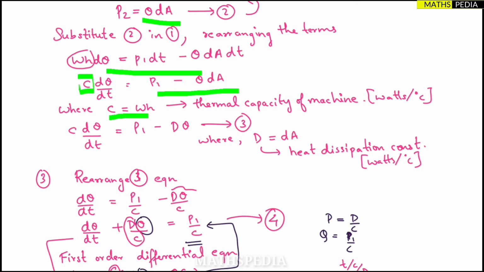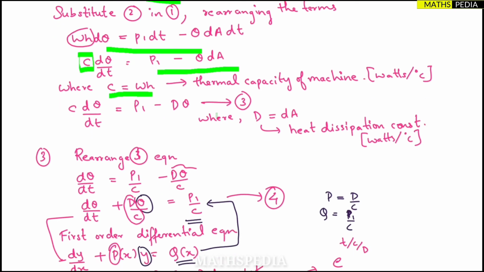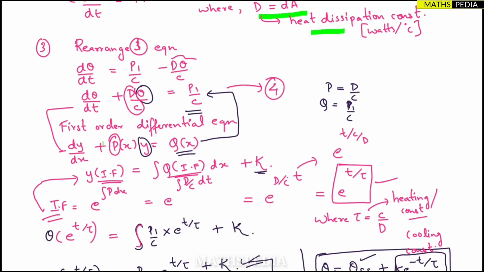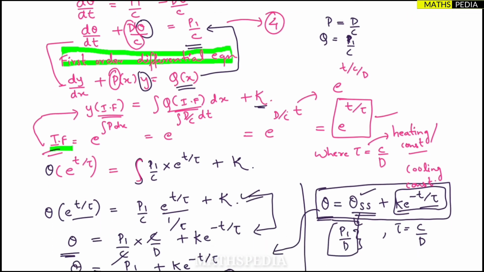For example, you have to mention what is c: it is the thermal capacity of the machine. Then I replaced d with da, that also you have to mention. Then you have to rearrange, and the next step is the most important step, where you compare it with the first order differential equation. Comparing with that, you find the integrating factor and put it in this equation.